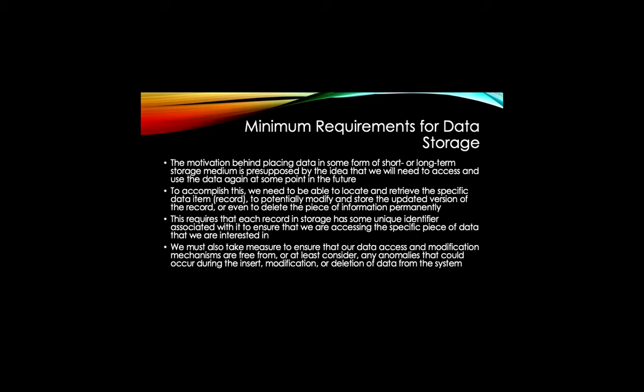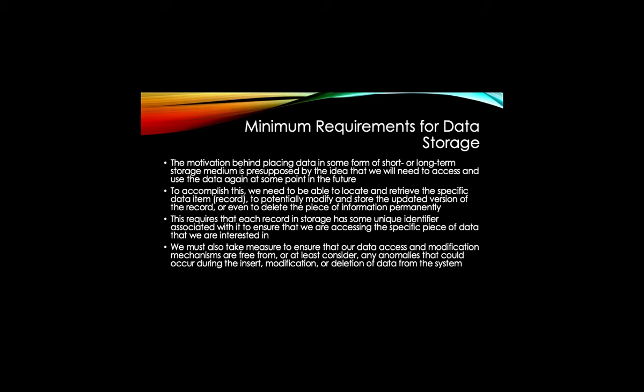This requires that each record has some kind of a unique identifier associated with it. We refer to those as keys in general. So that ID, that record ID that we synthetically assign to a record, or some natural key information that we assign to a record, such as us when we used to use social security number to identify a specific person in a system.